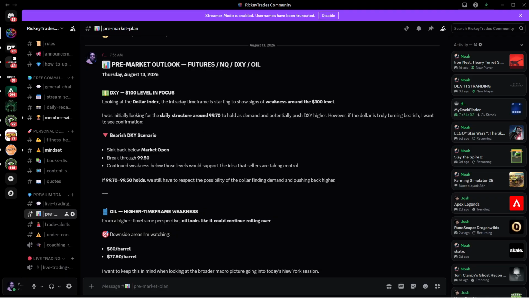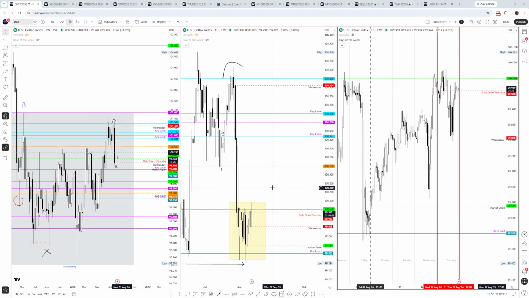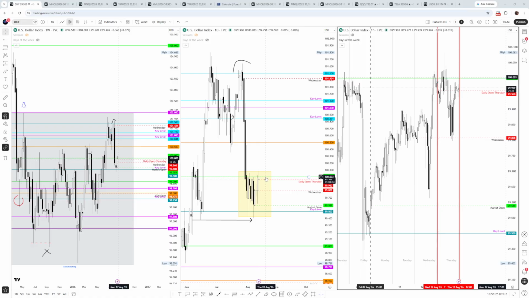Okay, and so what I mean by that, when you go back and look at these price levels I was talking about, this is the 100 price level right here, right? And like I was saying for the Wednesday open, I wanted to see price pretty much respect inside this candle here, the seventh candle, the down candle, okay?